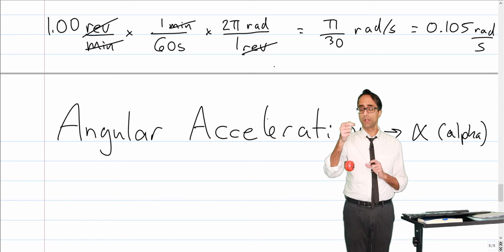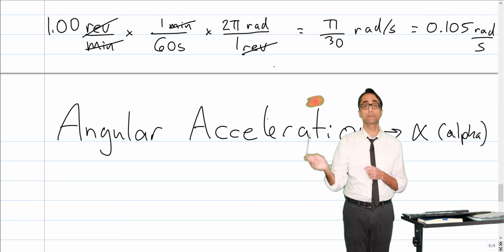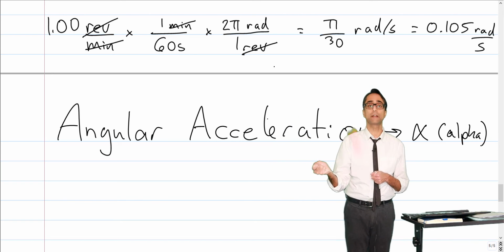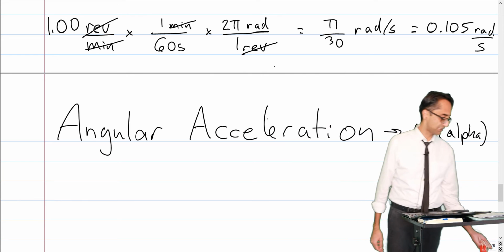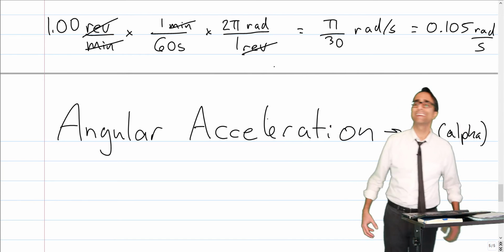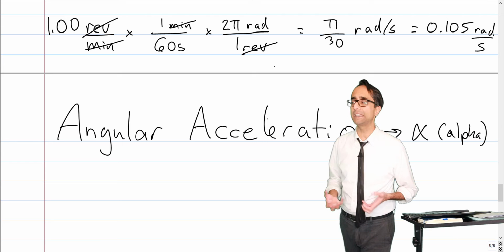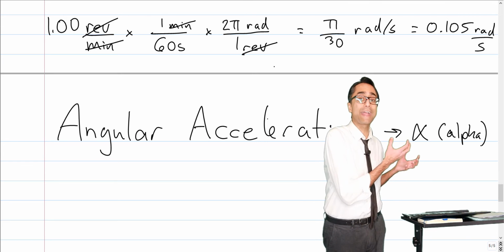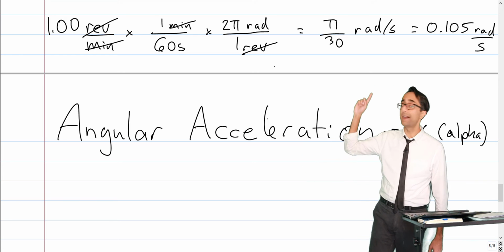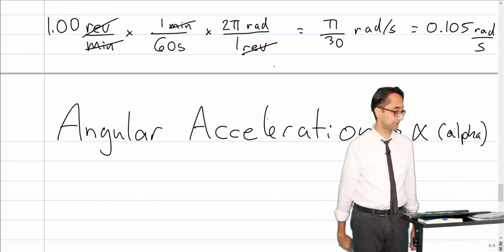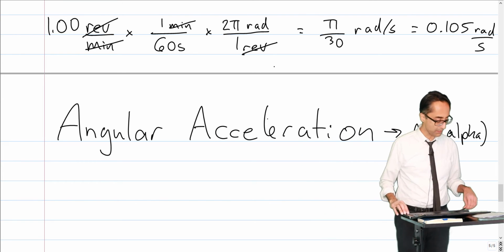So for example, this object right now is not moving at all. It is at rest. Eventually, it will turn on and it'll start going faster and faster, and soon it has reached its top speed. And so we can quantify the increase in speed, the time rate change of angular velocity, using this term alpha, angular acceleration. Let's do that.